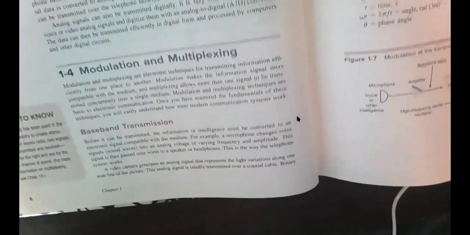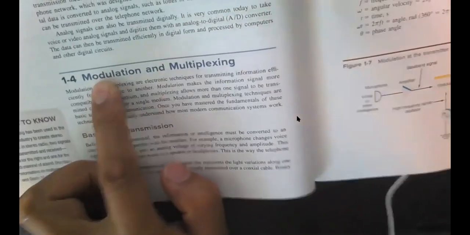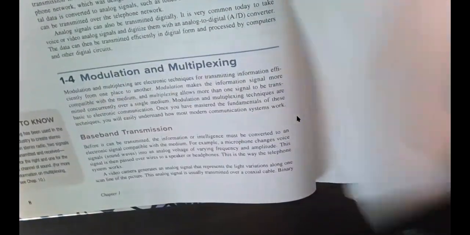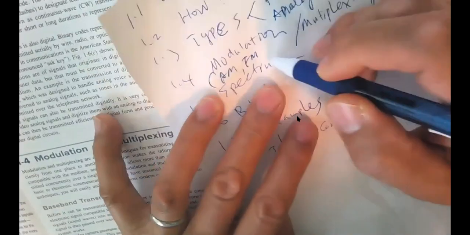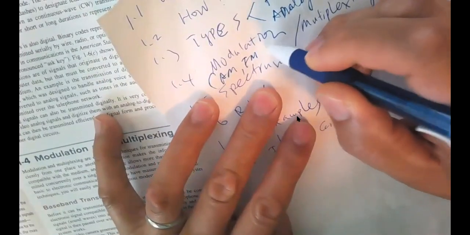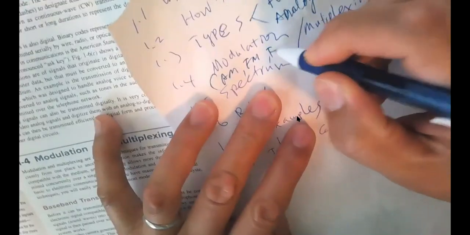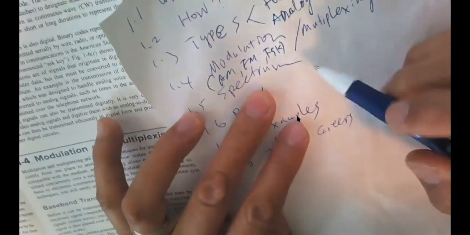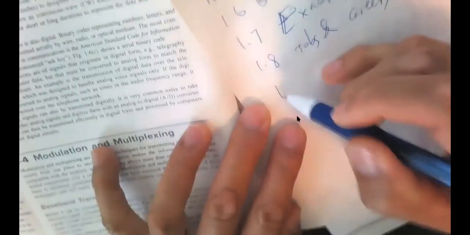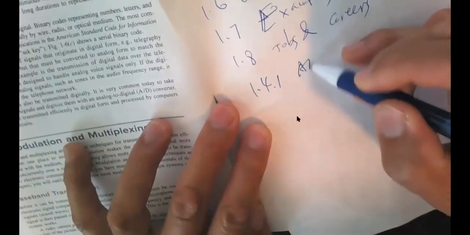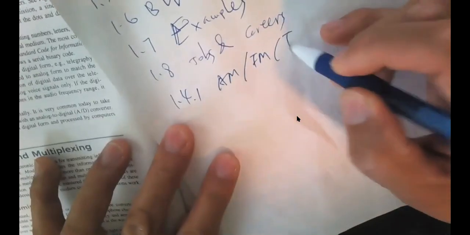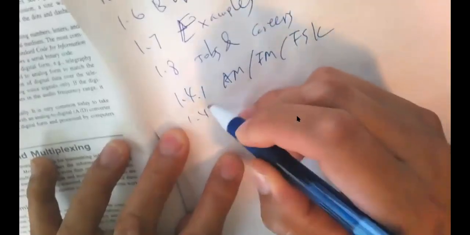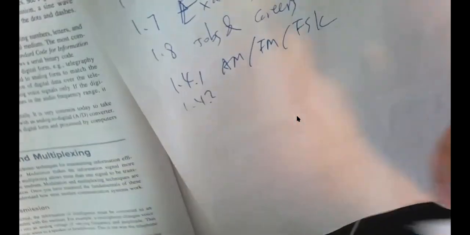The first topic is modulation, 3 modulations: AM, FM, and FSK. So 1.4.1, we have AM, FM, and FSK. This is called modulation.